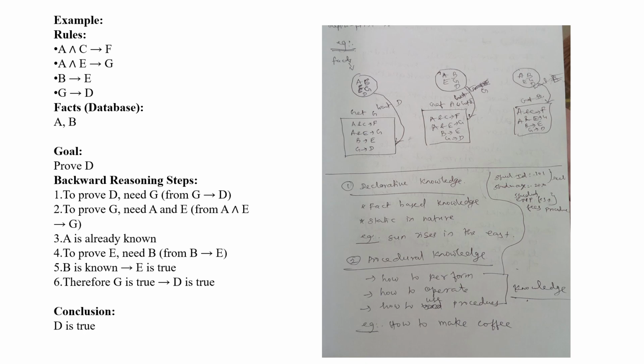So this is the step process to prove D, followed by the conditions. D is connected to G, and then A is known and proved with G, and then P is true, and it will take over so the final D is true. So this is all the basic information on forward and backward chaining.